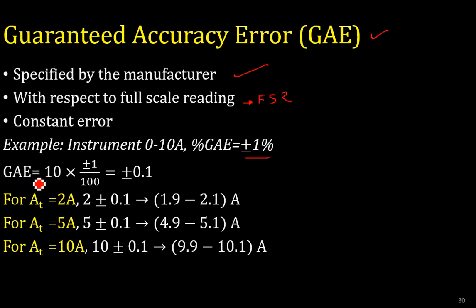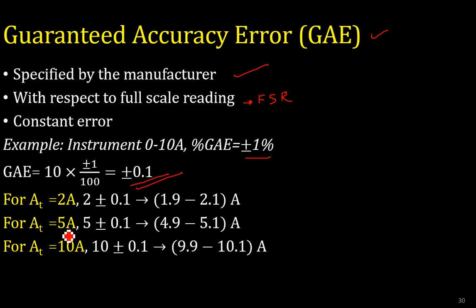So the absolute value of the guaranteed accuracy error will be 1% of the full scale reading, that is 10 amperes. It will be plus or minus 0.1. 1% of 10 is 0.1, plus or minus 0.1. Now when you measure 2 amperes, your error will be again 0.1, and you are expecting a measured value in the range 1.9 to 2.1.